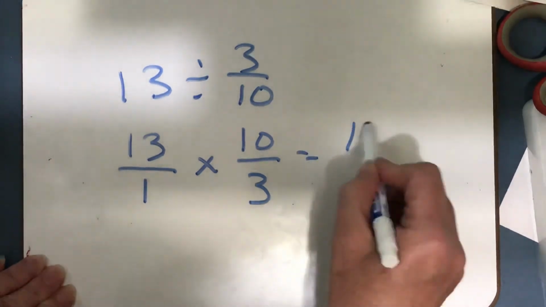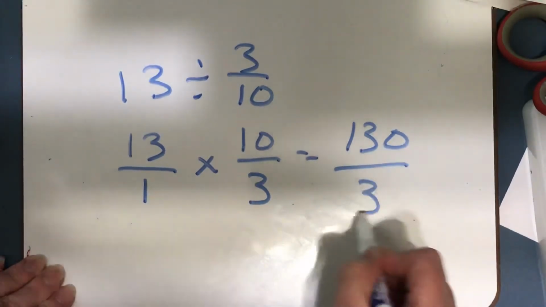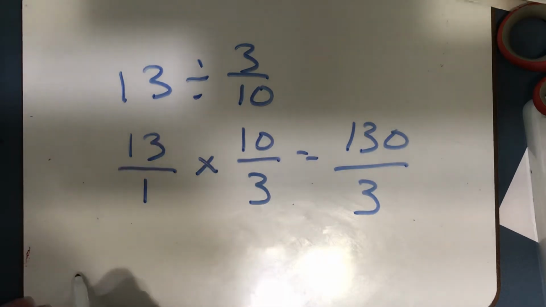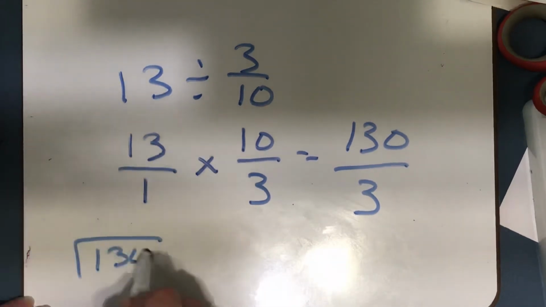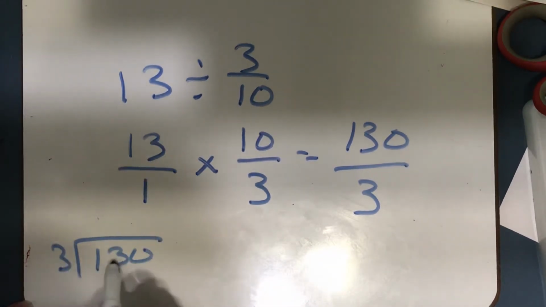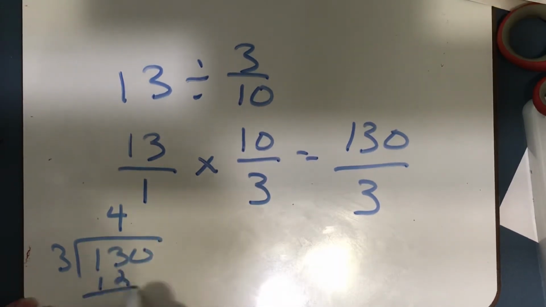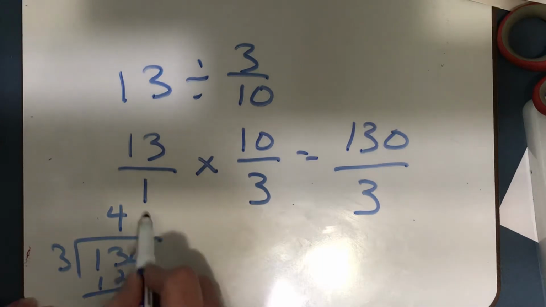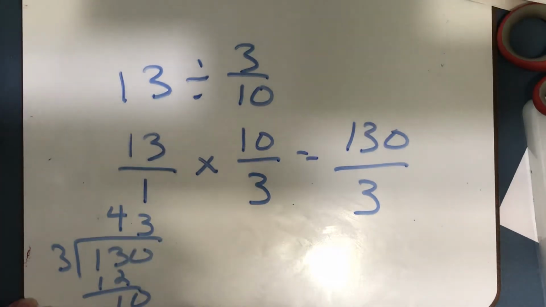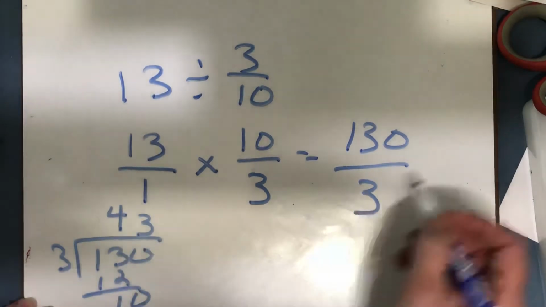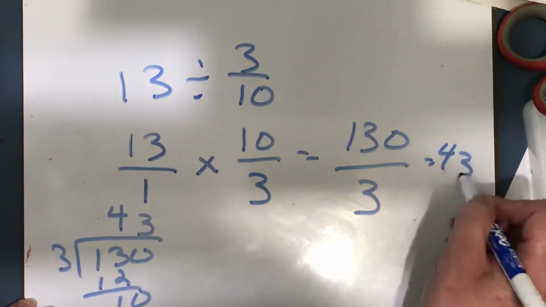So I get 130 thirds. And then I need to divide. 130 divided by 3. 3 goes into 13 4 times. 4 times 3 is 12. 3 goes into 10 3 times. 3 times 3 is 9. I'm going to have 1 left over. So it equals 43 1/3.